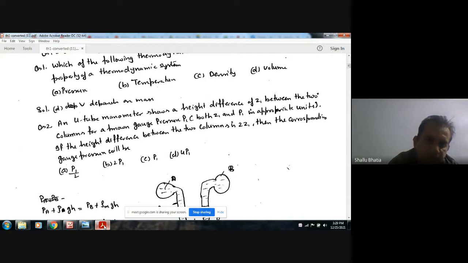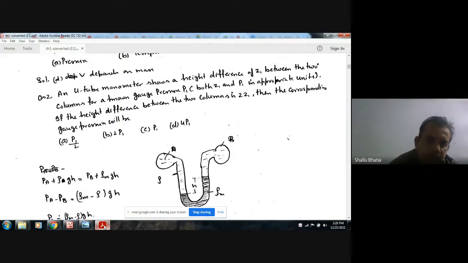If the height difference between the two columns is 2Z1, then the corresponding gauge pressure will be: A, P1 by 2, B, 2 P1, C, P1, D, 4 P1. So this is the U-tube manometer, and let H be the height difference and rho be the density of the liquid, and rho m be the density of the liquid within the U-tube.